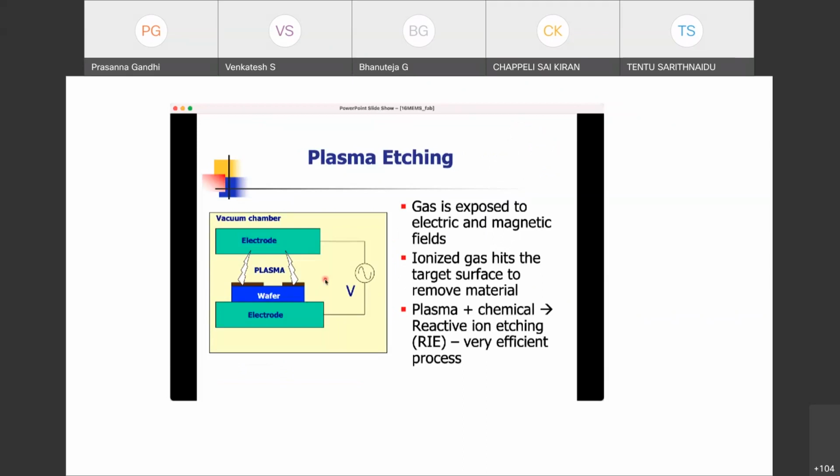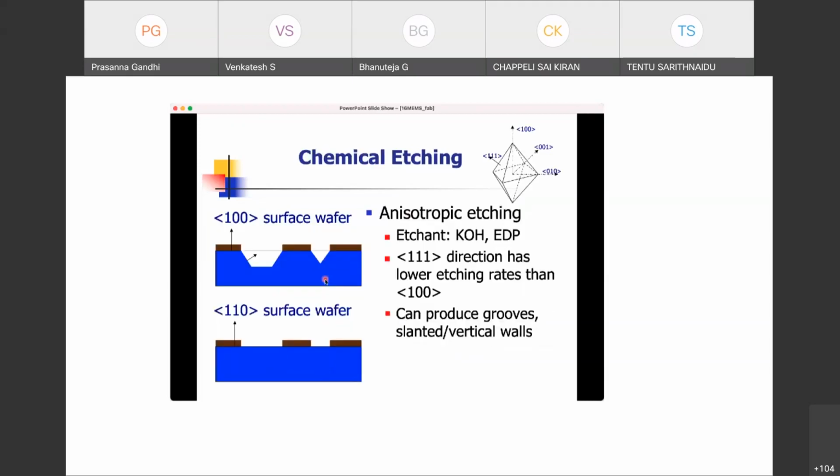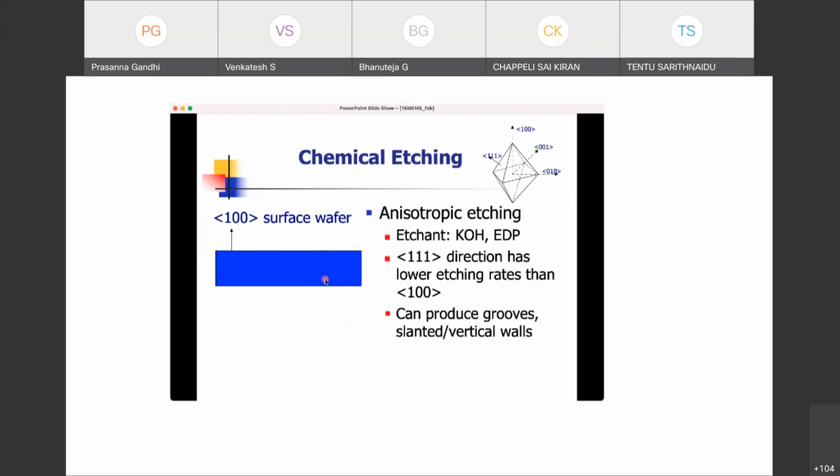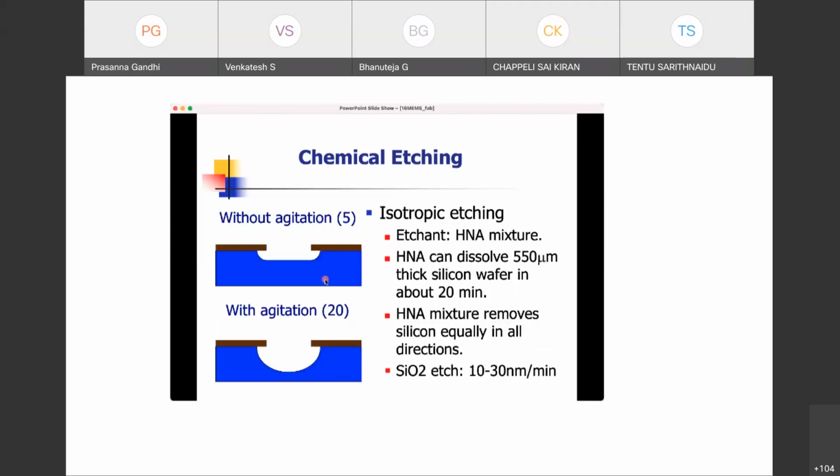Another type of etching is called plasma etching. Typically plasma is used where you have very low temperature machining, or you don't want to subject your wafer to very high temperatures. Then you go for plasma etching, and plasma etching also is a directional etching. Unlike isotropic etching, which progresses in all directions.